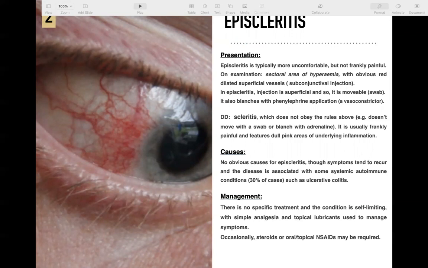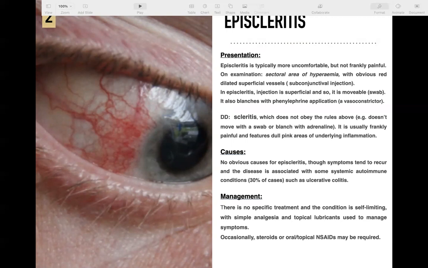It's limited to the subconjunctival vessels with subconjunctival injection. It's not congestion, it's injection because it's an inflammatory reaction.